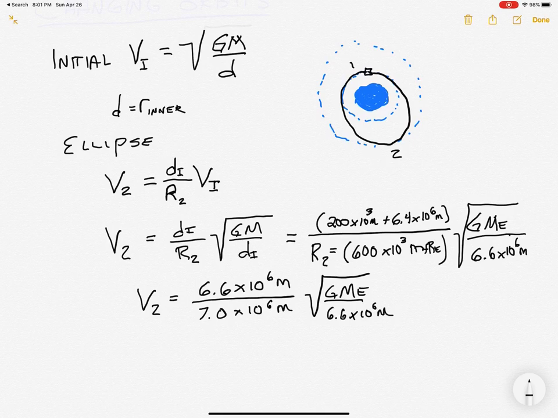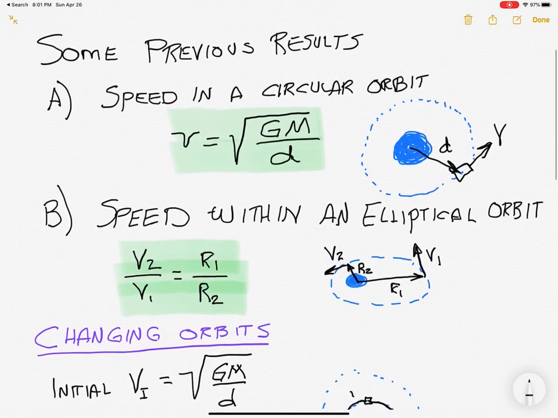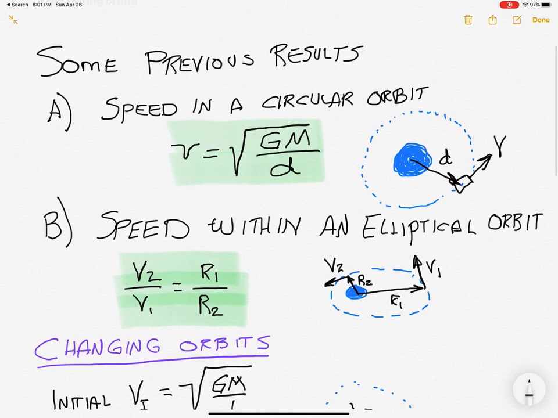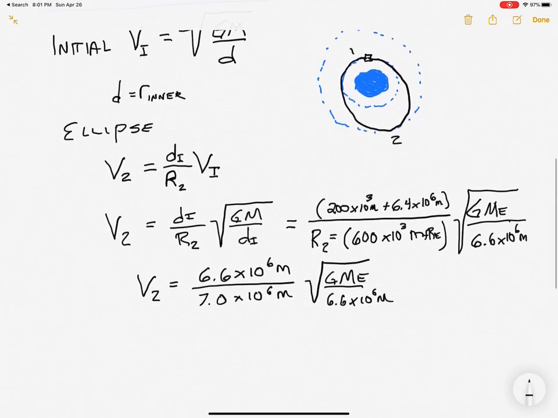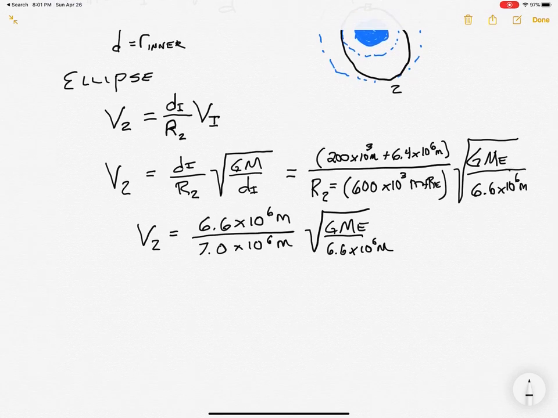Okay. There's a little issue, though. We know what velocity 2 should be. In a circular orbit, it should equal this. So this is its elliptical speed.